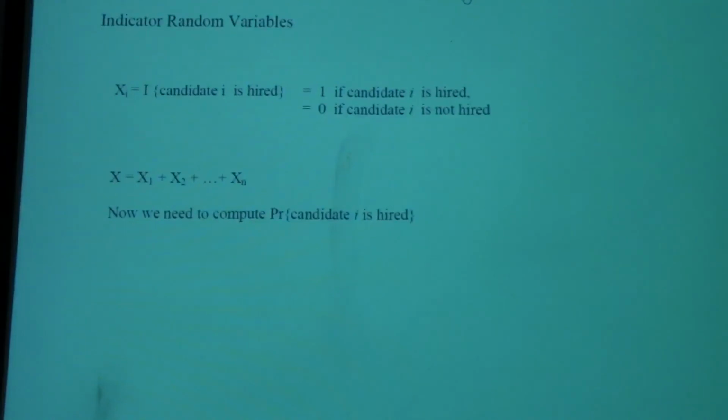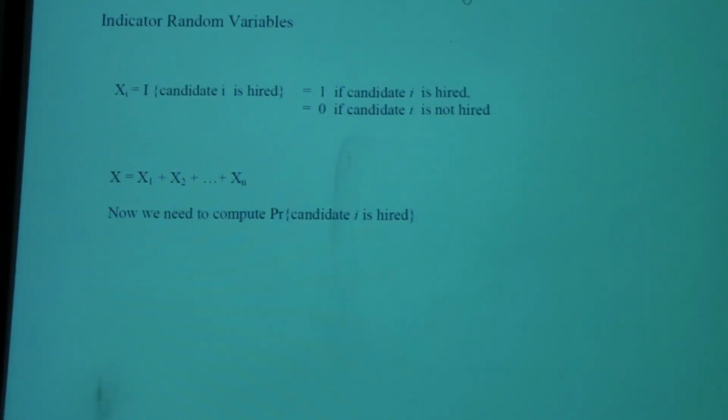So now we have x sub i is the indicator random variable that the candidate is hired. 1 if they're hired or 0 if not. So therefore our X, just like before, instead of having two indices ij, we just have x sub i's. So X is the sum of all the values. X1 has value 0 or 1, 1 if X1 is hired. That will be 1.